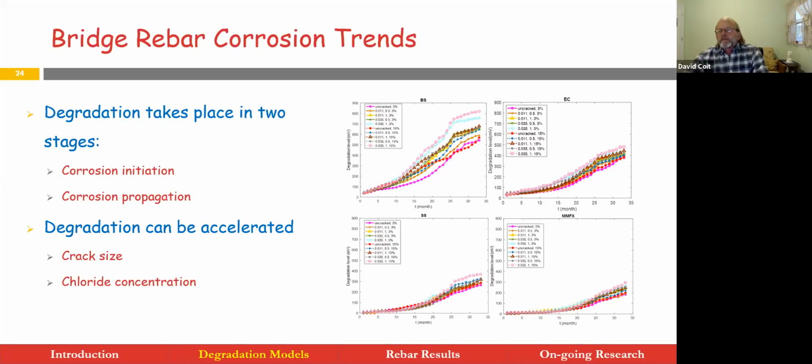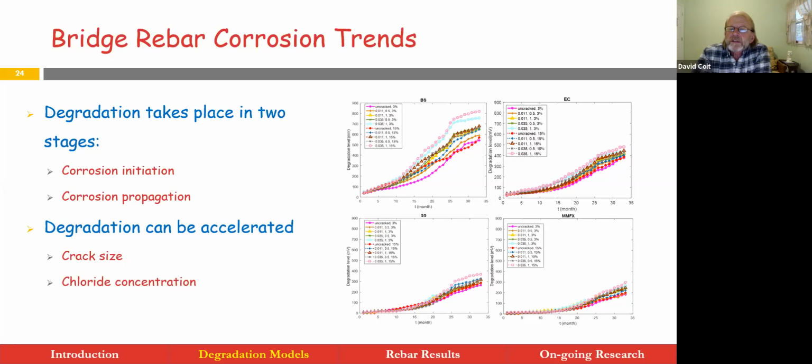Now, back to the data. What did we see again? There were two distinct stages: corrosion initiation and corrosion propagation. And in a general paper I have under review now, I call it failure mechanism initiation and failure mechanism propagation. And the other thing we saw, though, is that crack size and chloride concentration affect it.